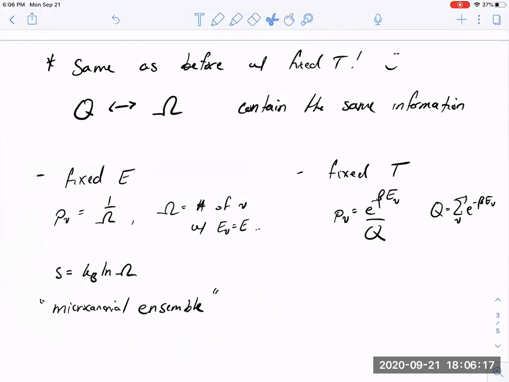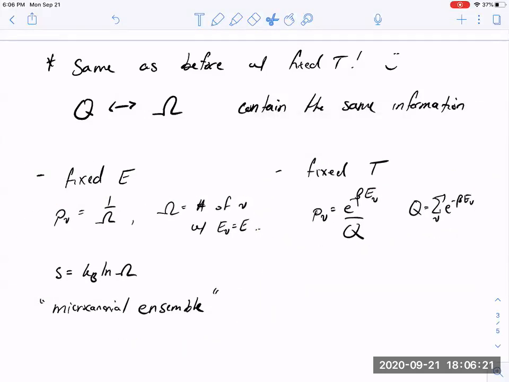Let me clean this up a little bit. But again, if we can compute that Q, that normalization constant, that partition function, by performing that sum, we get access into thermodynamic information in analogy with the Boltzmann definition of entropy, albeit in this case through the Helmholtz free energy.